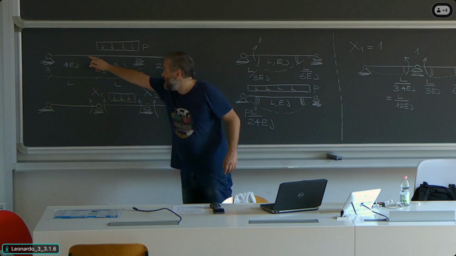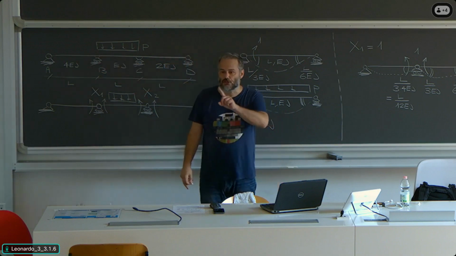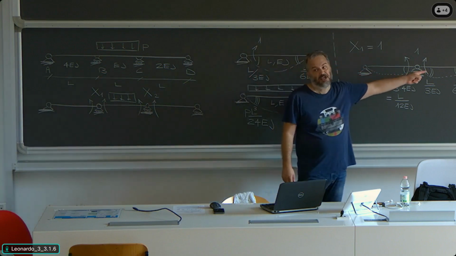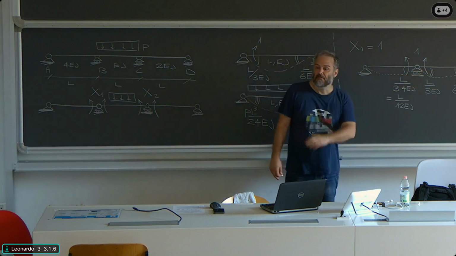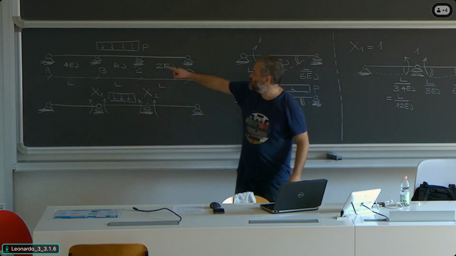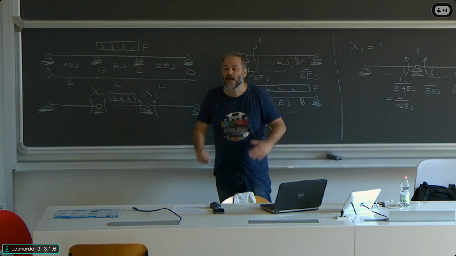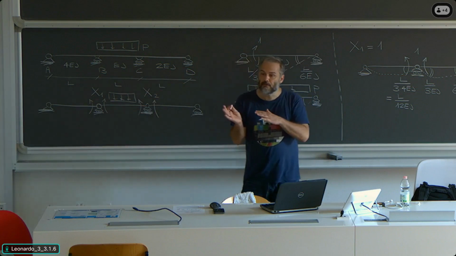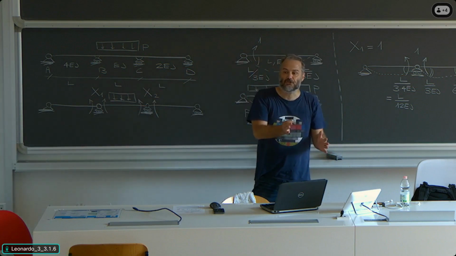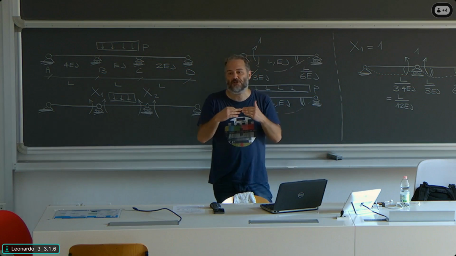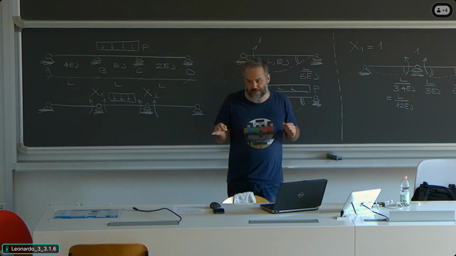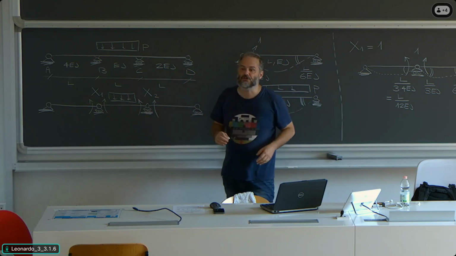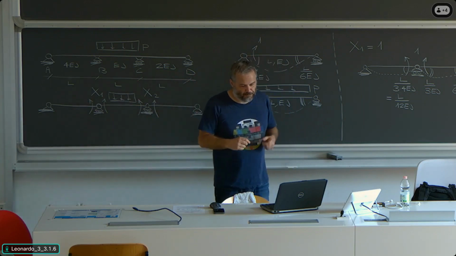Okay? The fact that here we have continuity does not allow relative rotations like this to take place. By transforming the hinge from this to this, we allow these relative rotations to take place. So we will then have to write compatibility equations to make sure that these relative rotations do not happen in reality. And so we reinstate the situation from where we started.